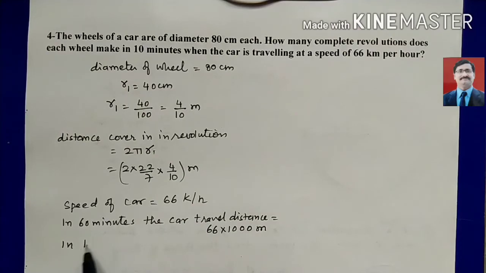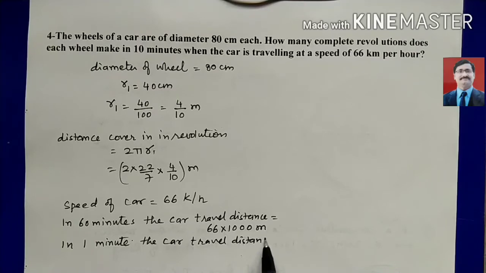So in 1 minute the car travels a distance equal to 66 into 1000 upon 60. So we can cancel the zeros and 6, and cancel 11. So we get 1100 meter as the distance.